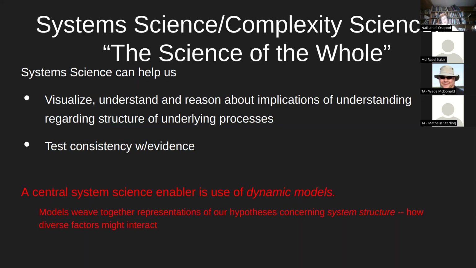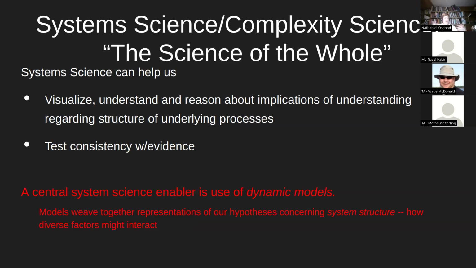So system science, complexity science is about breaking out of the cave. It's about reasoning about the system as a whole. And a central value delivery mechanism here, a central construct of value, central enabler, is dynamic models.